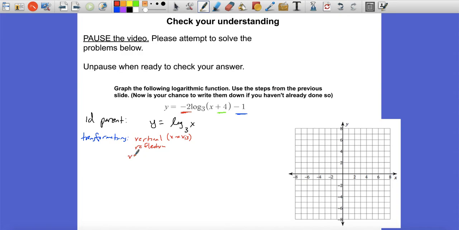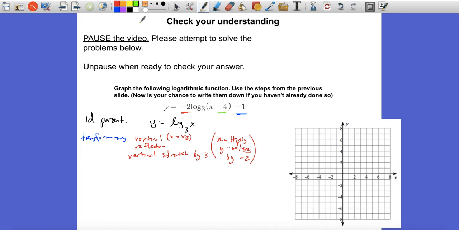We also have a vertical stretch by 2. That encompasses all the red. And remember, we handle all this by multiplying our y values by -2. That's how we do all of this.